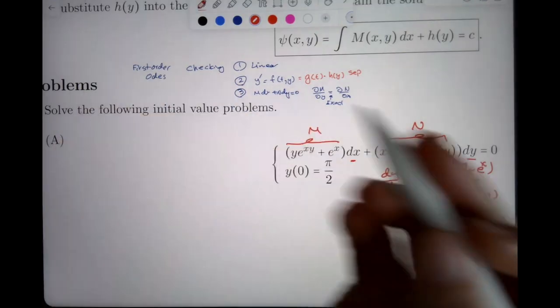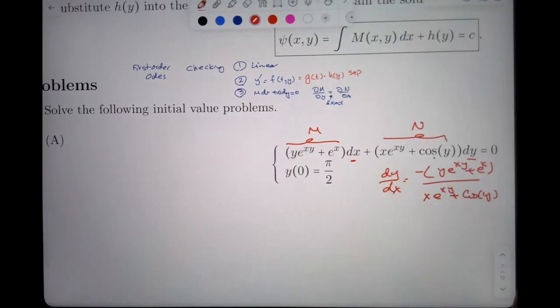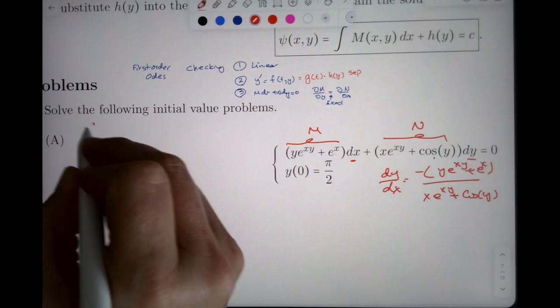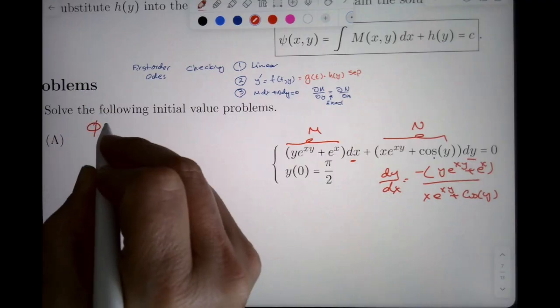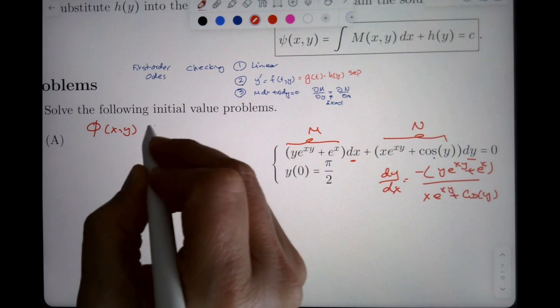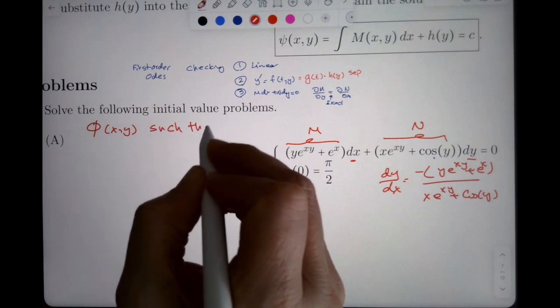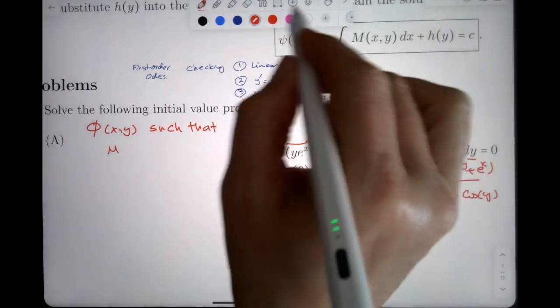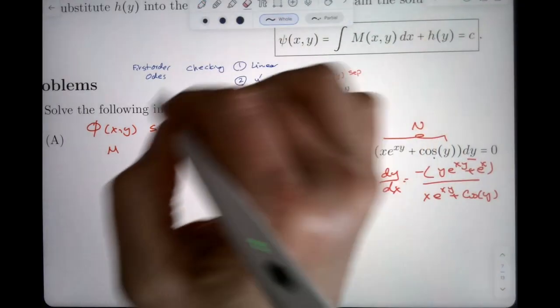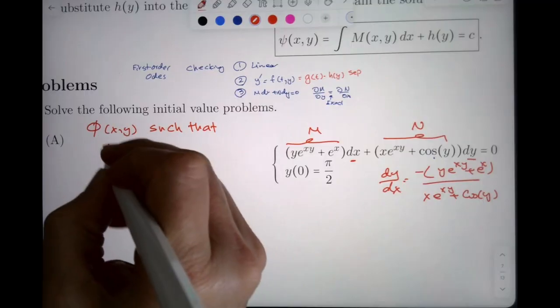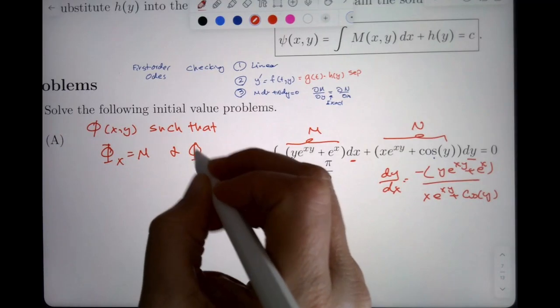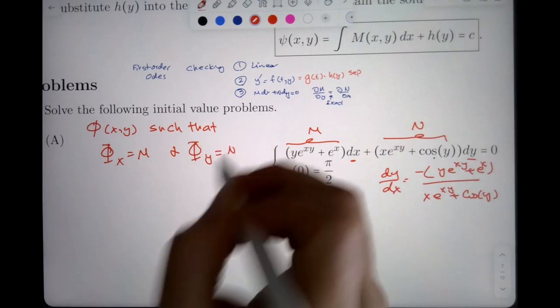And so the whole story with exact equations is that I am looking for a potential function of x and y such that phi sub x is equal to M and phi sub y is equal to N.